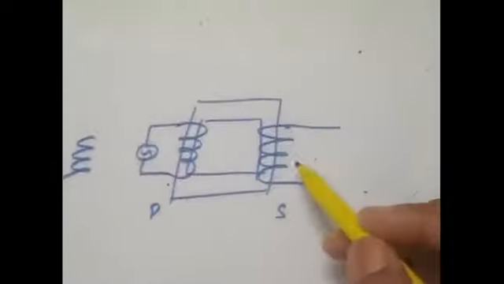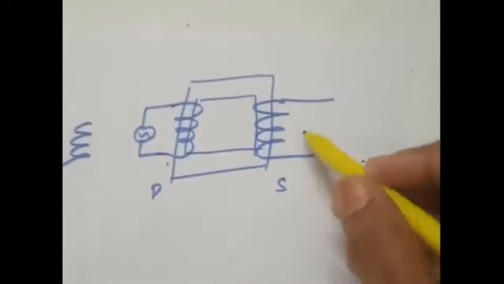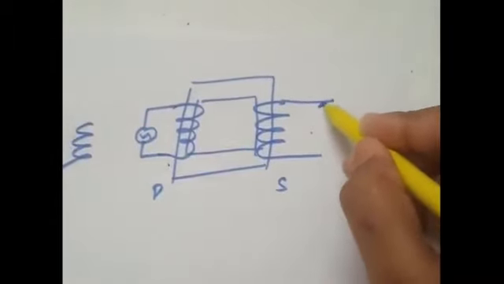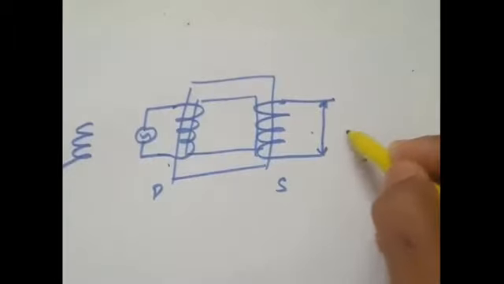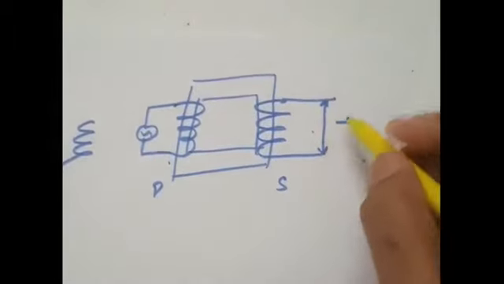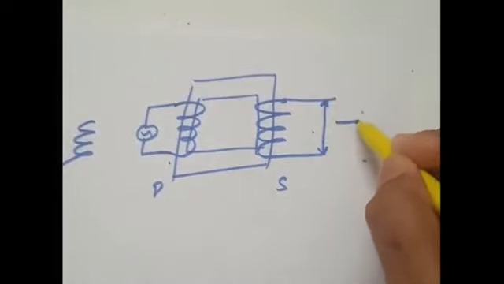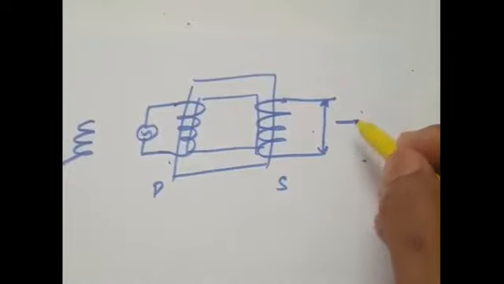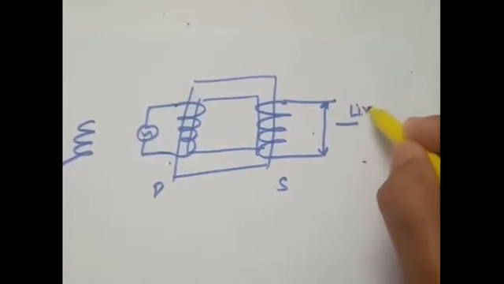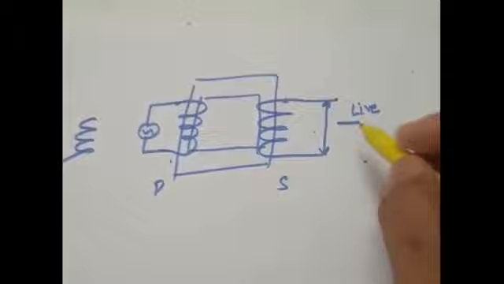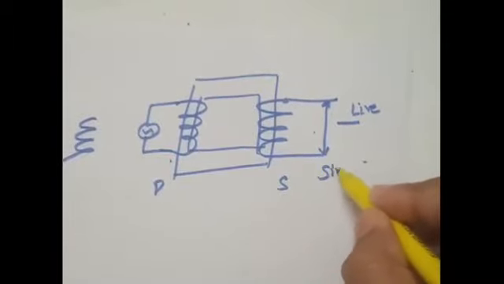Through this we were taking the load, that was the induced current which we took as the output. Which wire carries the current? That is the live wire, also called the phase wire. So this is a single phase transformer.